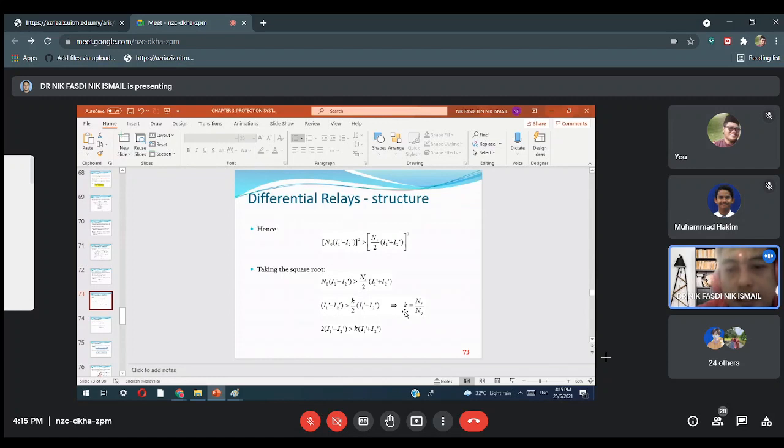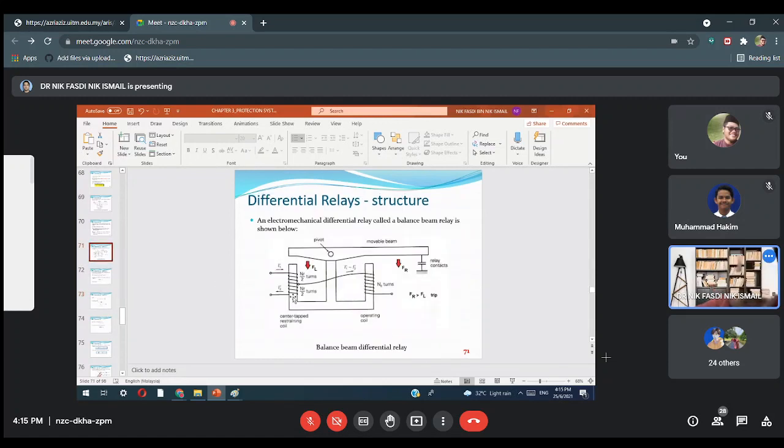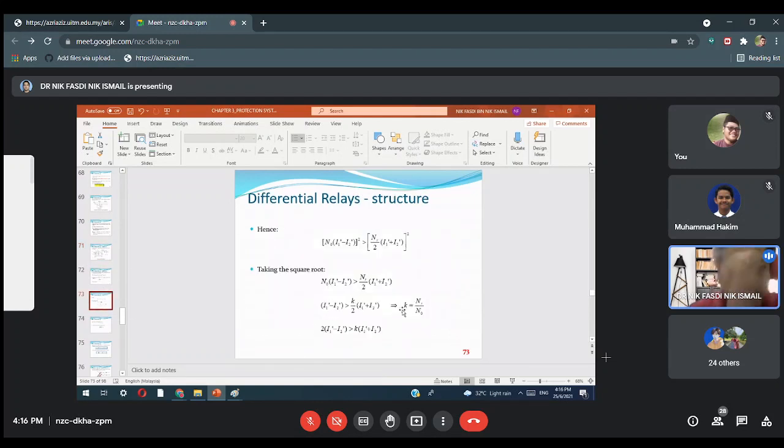Tapi the important is the K. What is the K? K is the ratio between these two coil. Satu kita panggil center tap restraining coil. Dia ada center tapping tengah-tengah ni, ada tapping. Kalau you buy transformer, dia ada tapping kat sini. And then the other one is the operating coil, the ratio between these two coil. Kita panggil K, constant coefficient.